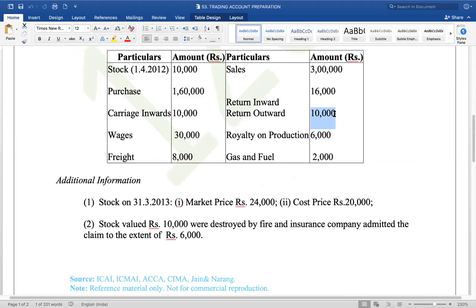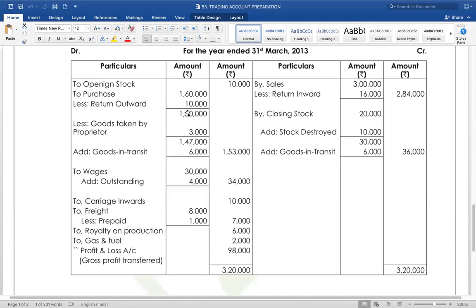Therefore, returns outward means purchase returns. Returns inward means you sold goods, and your customers are returning them back and they're coming in. Returns inward means sales returns. Returns outward means purchase returns. This 10,000 is purchase returns, and deduct this. You get a net amount of 1,50,000, which is net purchase.